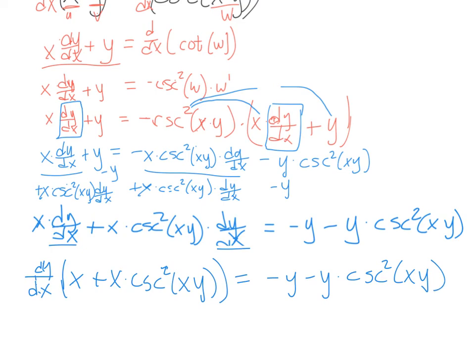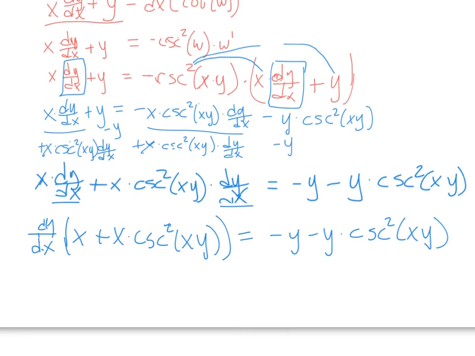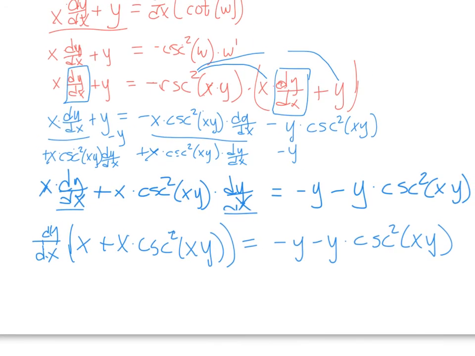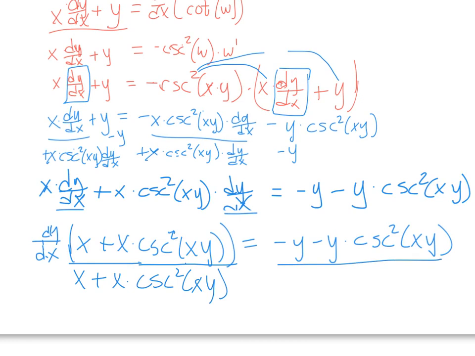Now what I want to do is divide both sides by x plus x times cosecant squared of xy.